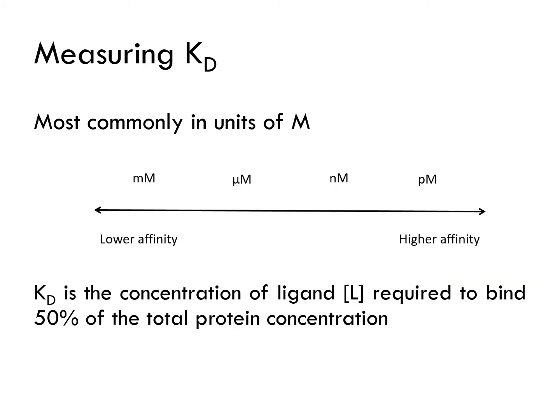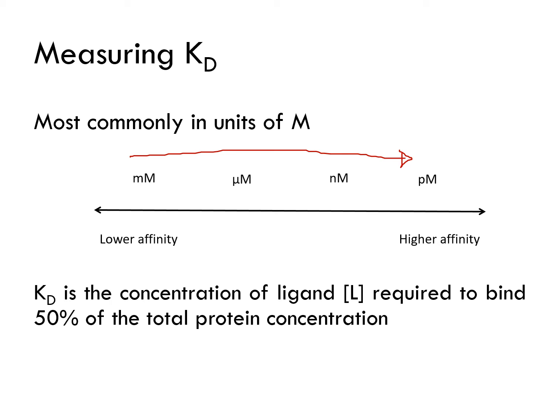Okay, so let's think about Kd and what it actually tells us. Most commonly Kd is in units of molar, and one thing to note is as you go down in your molar amounts, from millimolar down to picomolar, that means you're going to get a stronger affinity. So a smaller Kd means higher affinity.